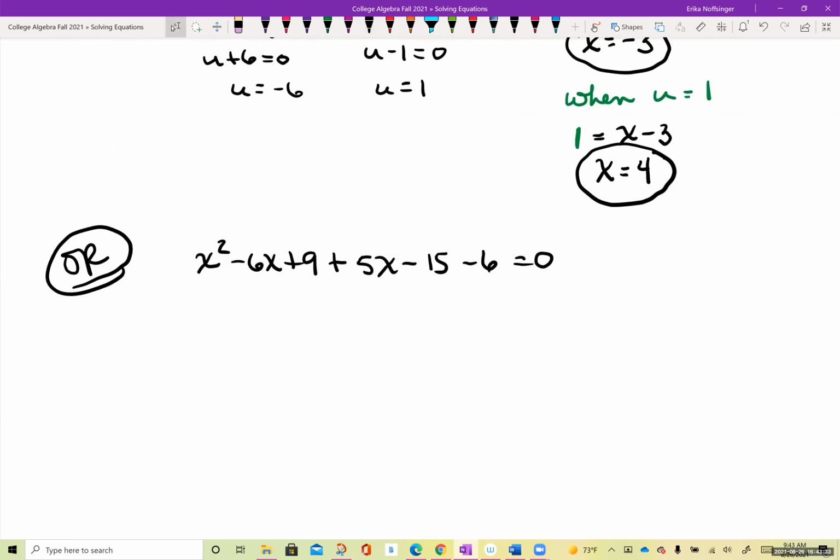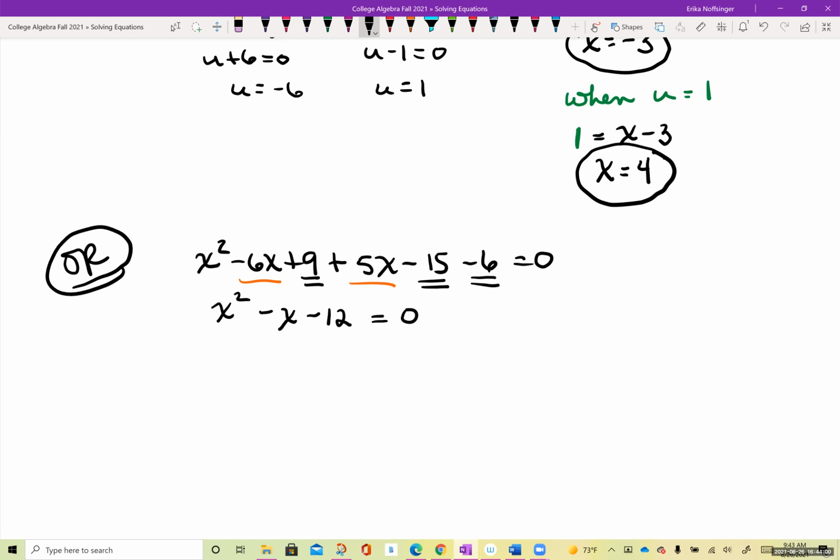So let's combine like terms. I have an x squared. We have a negative 6x plus a 5x. That gives me minus x. Then I have 9 minus 15, which is negative 6. And then negative 6 minus 6 gives me minus 12 equals 0.